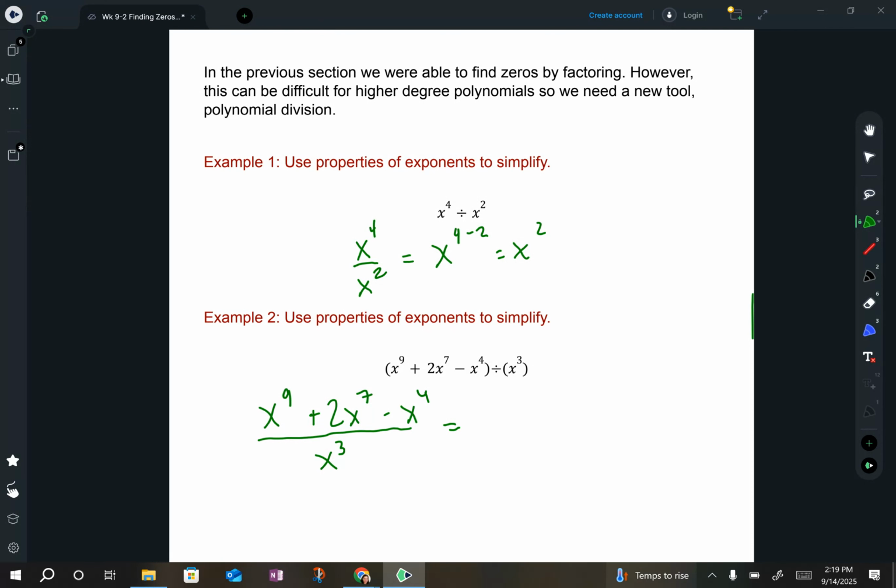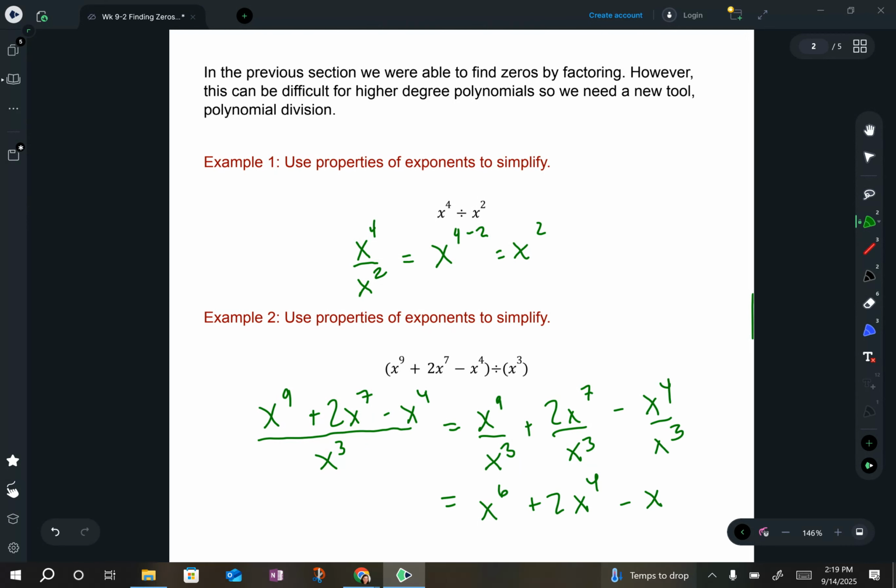So when we go to simplify this, we're going to write it as x to the ninth over x cubed plus 2x to the 7th over x cubed minus x to the 4th over x cubed. And now simplify these. X to the 9 minus 3 is x to the 6th, plus 2x to the 7 minus 3, which is 4, minus x to the 4 minus 3, which is 1, so just x. x to the 6th plus 2x to the 4th minus x is our simplification.